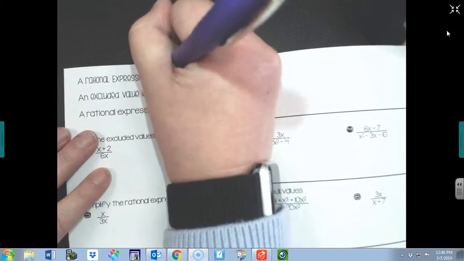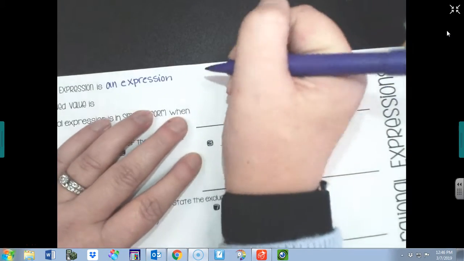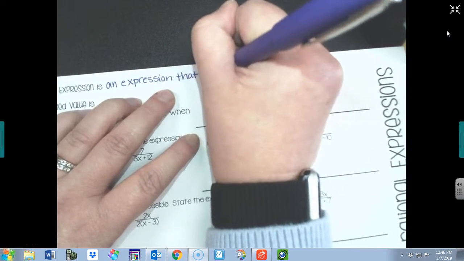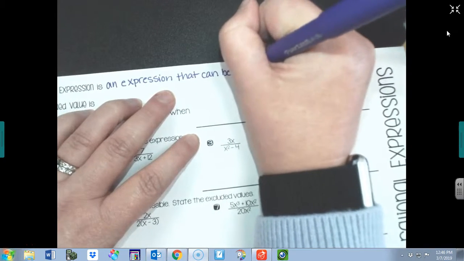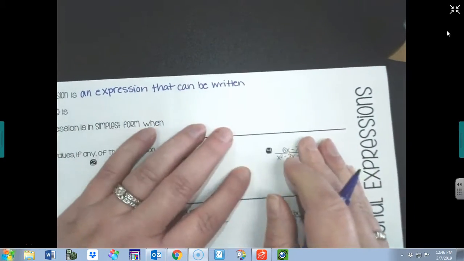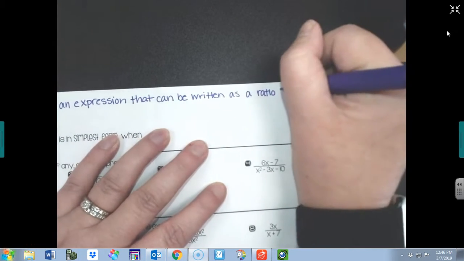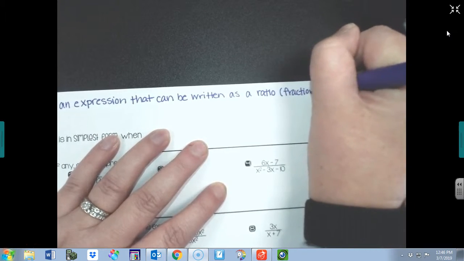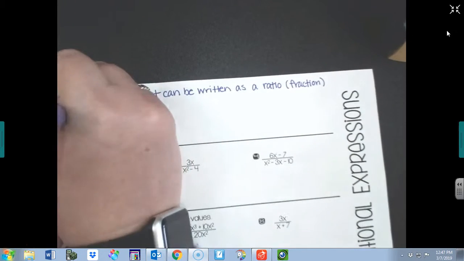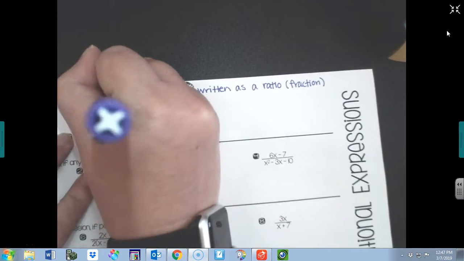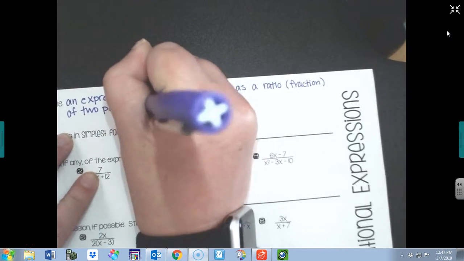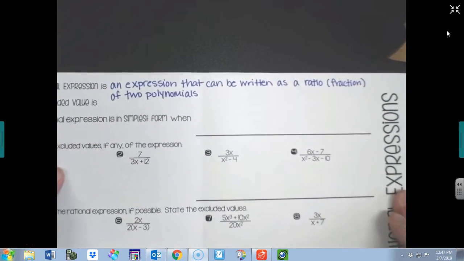Okay, so first, a rational expression is an expression that can be written as a ratio, aka fraction, of two polynomials.